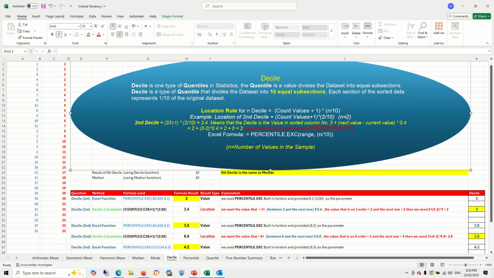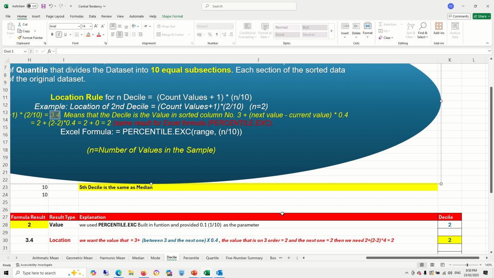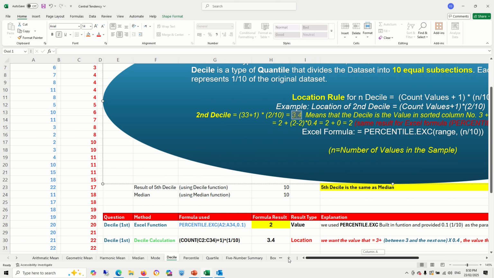So the second decile in this example here will equal 33 plus 1 multiplied by 2 divided by 10. That will equal 3.4. It doesn't mean that 3.4 is the decile value. 3.4 in this example is the location value of the decile.